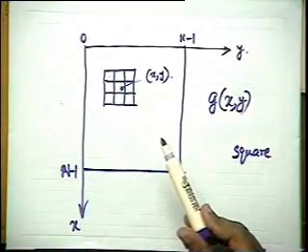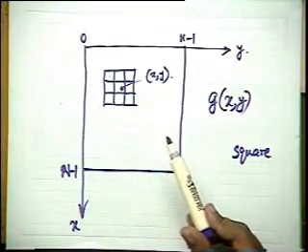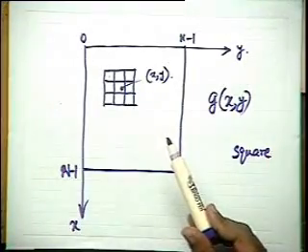I need not have chosen 3 by 3, I could have chosen 5 by 5, or larger size sub-images. As I told you, I am not putting any real restriction on this.